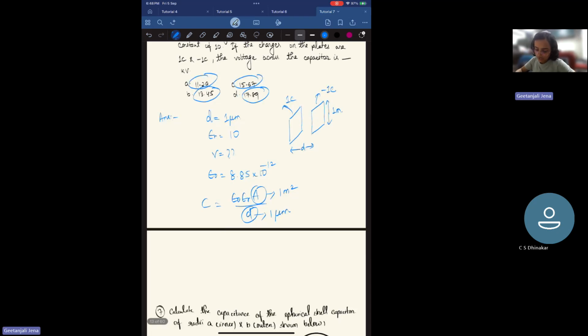From this, you can calculate the capacitance. V is nothing but Q by C, so Q D by epsilon naught epsilon r A. And if you put in the values, you will get 11.29 kilovolt.